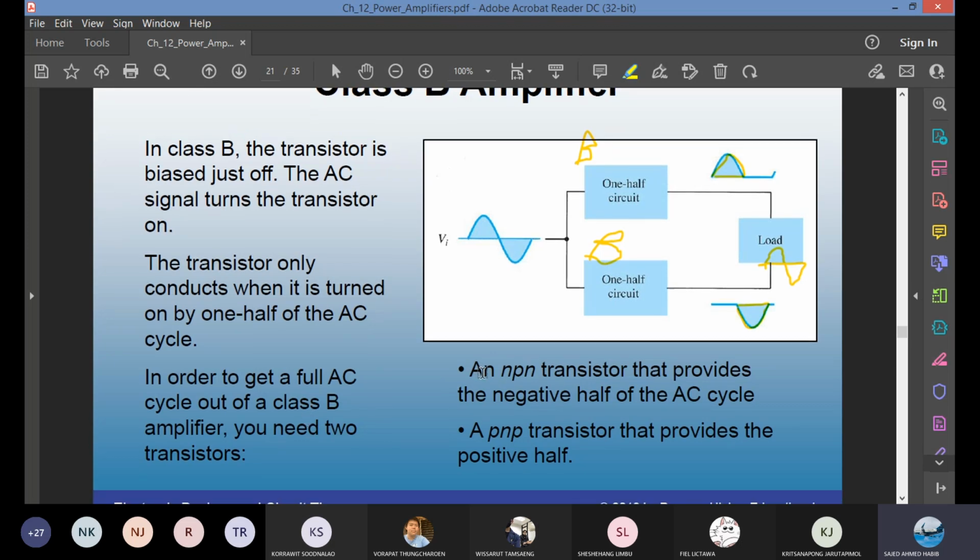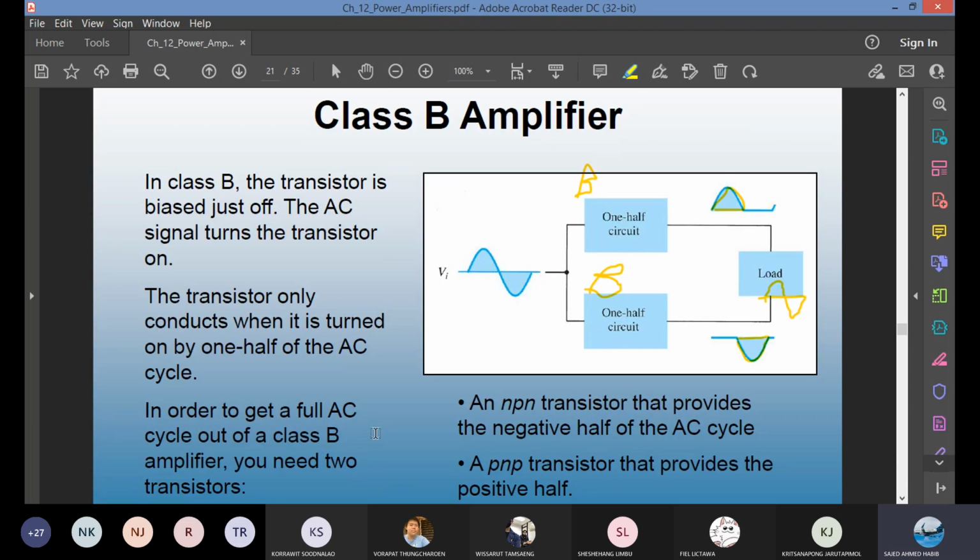Here is a mistake again. In this chapter, the publisher has a lot of mistakes, which I'll point out later on. Both transistors should be NPN. The only time you use one NPN and the other PNP is in a connection known as quasi-complementary or complementary symmetry. But this one is called a push-pull configuration.